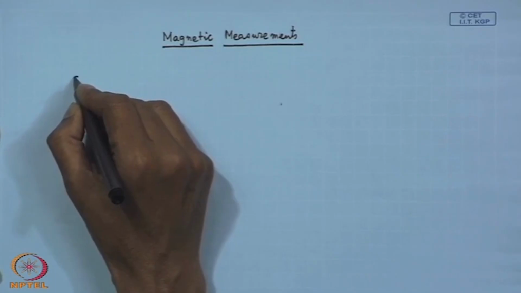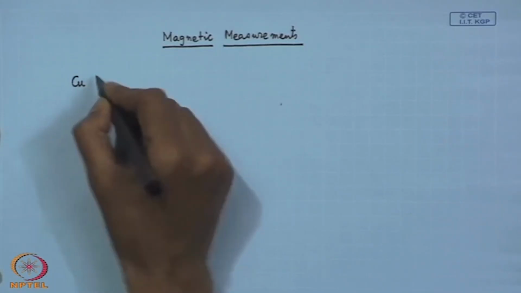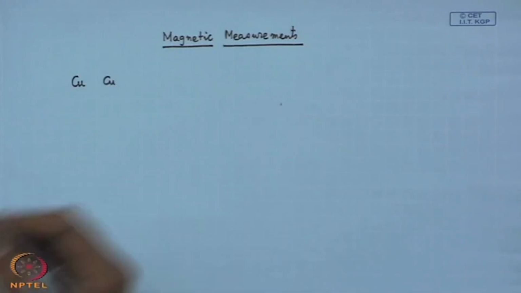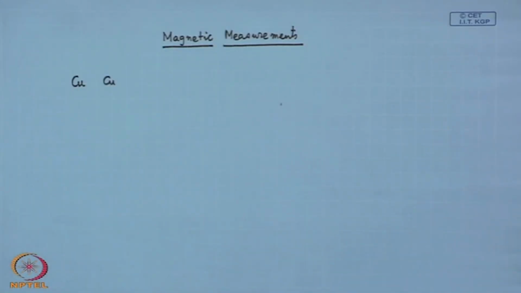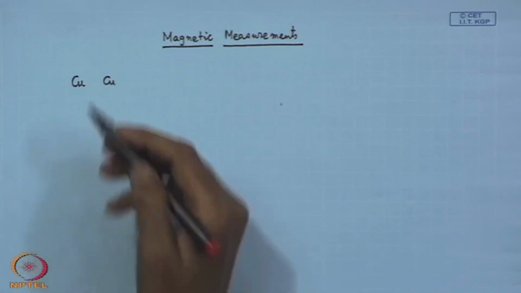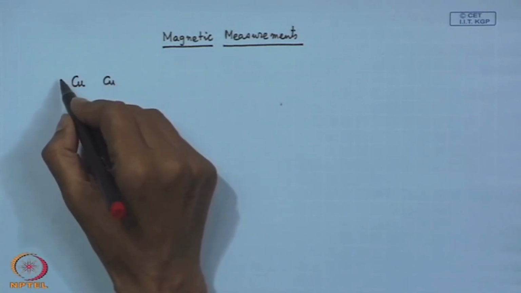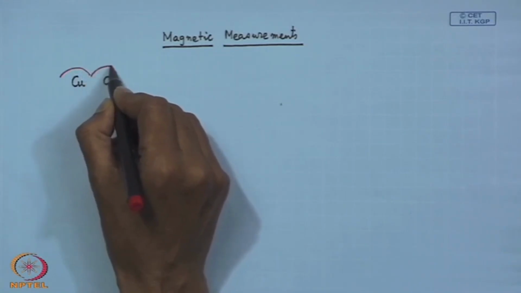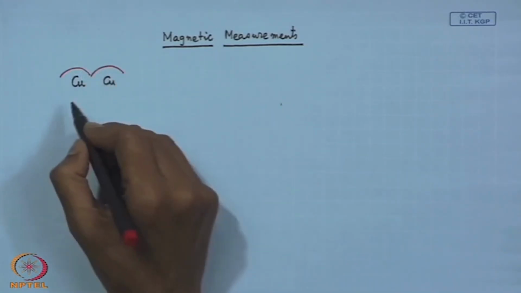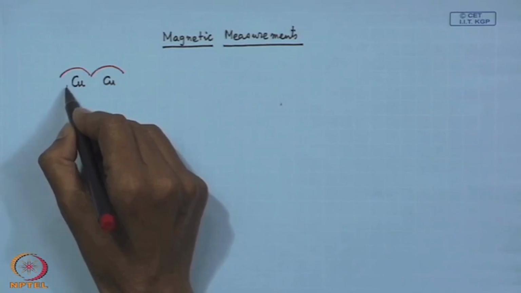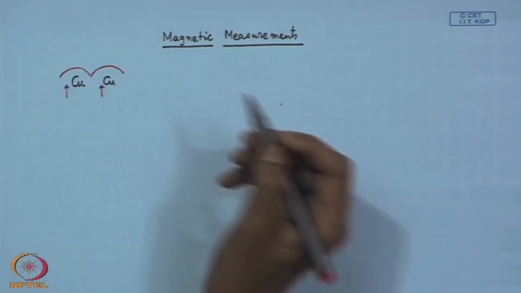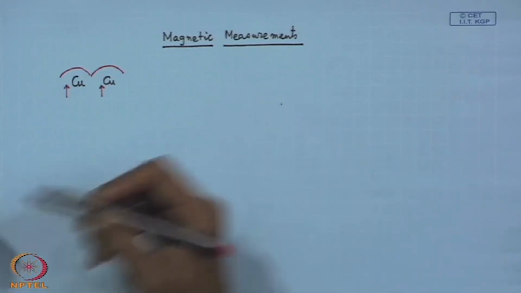And what we have seen in our previous classes, that if you have two paramagnetic centers, it can be in any solid sample or it can be any biological sample also, such as in hemocyanin, where this particular center has one unpaired electron and the second also has an unpaired electron.